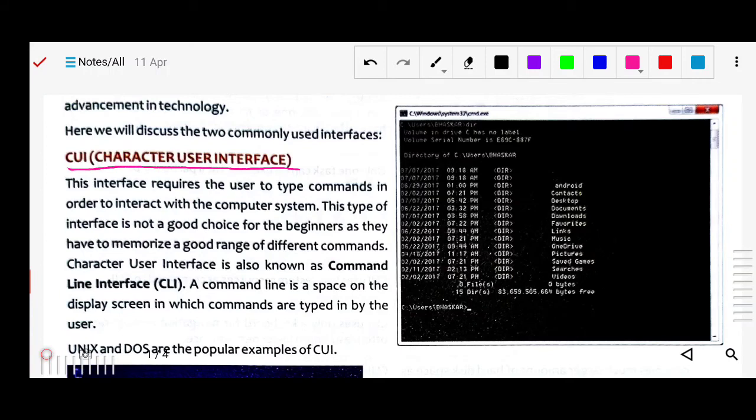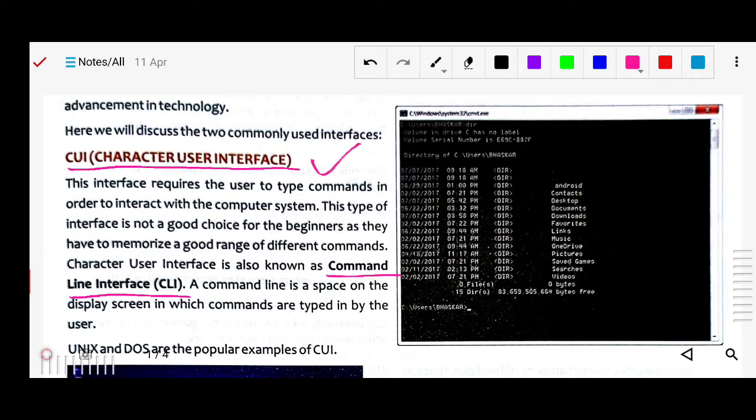That's why it is also called command line interface, CLI. In this type of operating system, like Unix, DOS, with the help of commands, suppose you want to delete, you have to use the command clear. You have to open something, you have to use the open command. Likewise you have to do everything with commands only.